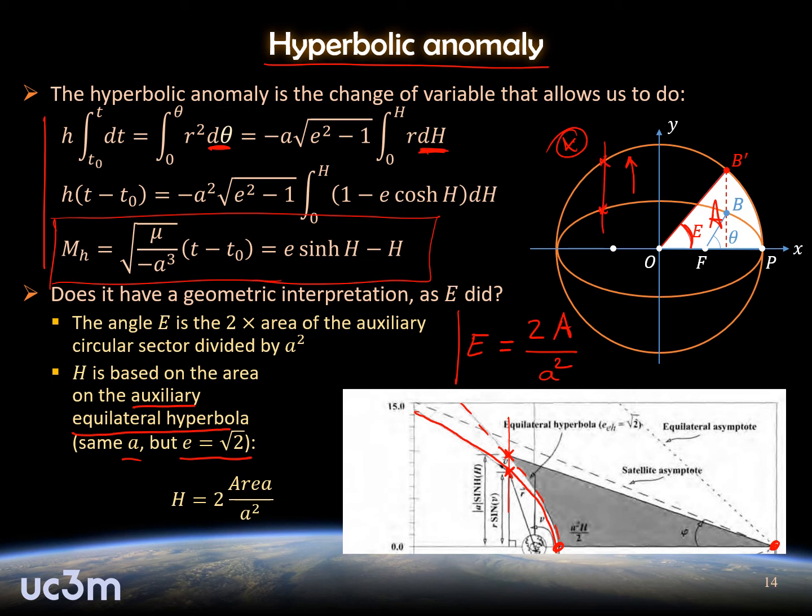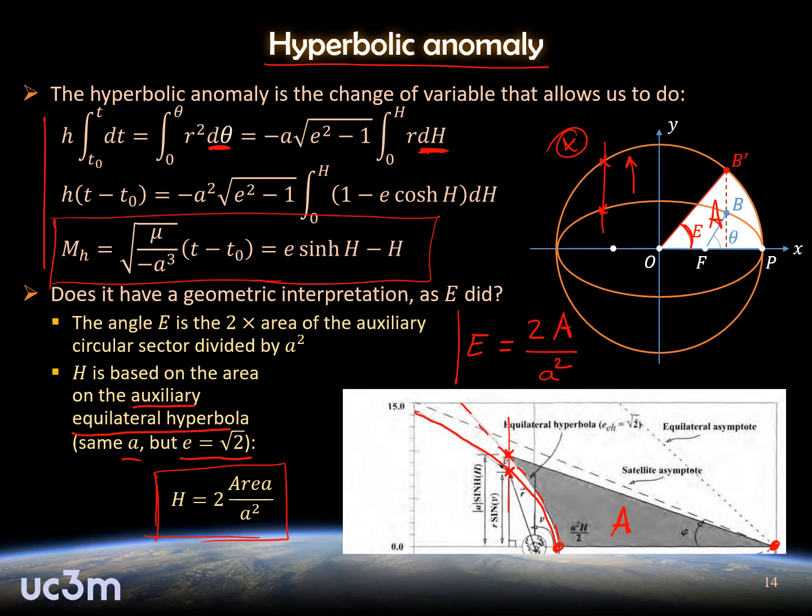Now we can find the value of this area, and the hyperbolic anomaly will be defined in terms of this, with a formula the same as before. So you see that there is at least some symmetry between the eccentric anomaly and the hyperbolic anomaly in the elliptic and hyperbolic cases in terms of this area.